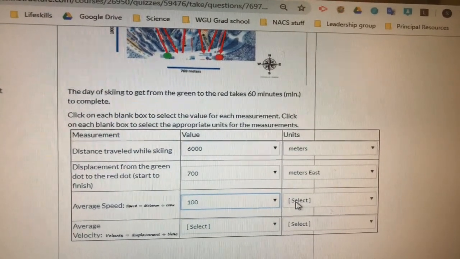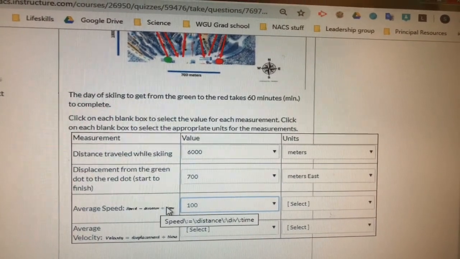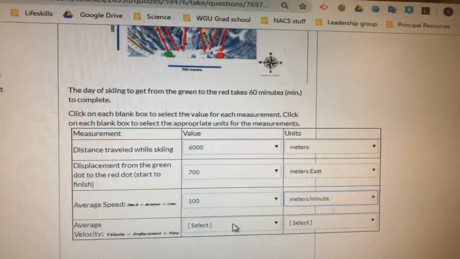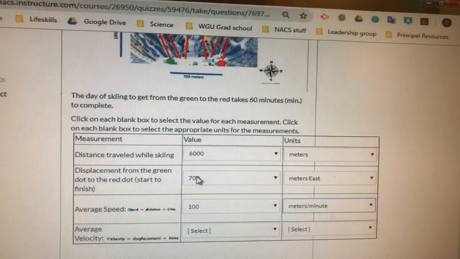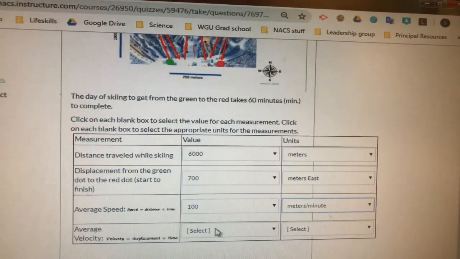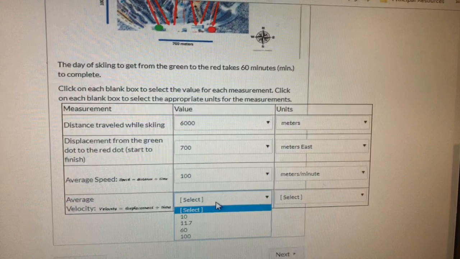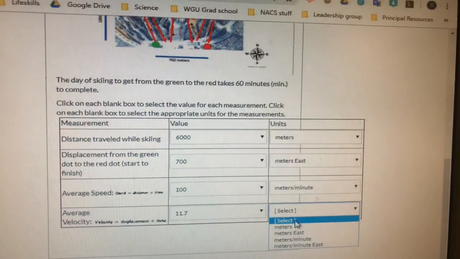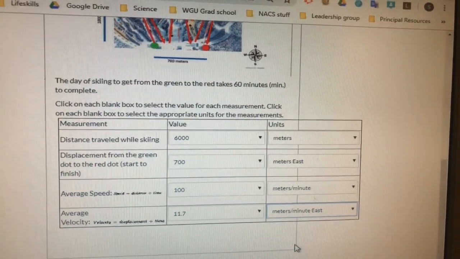And then your speed again was meters divided by minutes, so that's going to be meters per minute. And then your velocity, you're going to take 700 divided by 60. That's going to give you 11.7. And those you need a direction with. So velocity is going to be meters per minute east.